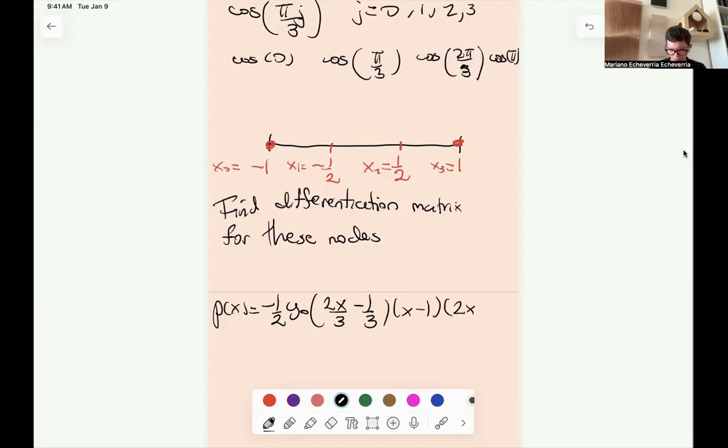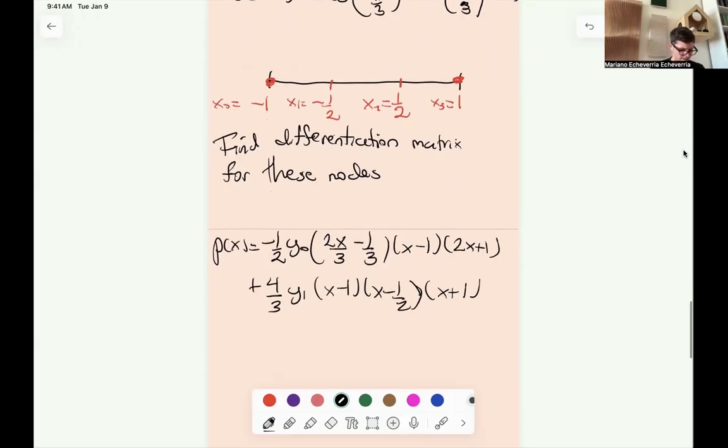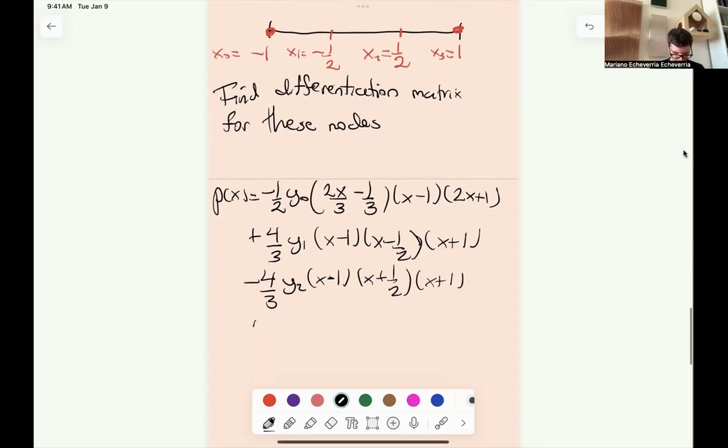I'll give it to you in both Lagrange form and expanded form so that you have both, and then you choose which one you want to work with. I'm just writing it in the Lagrange form because that way someone may want to verify it more quickly. But usually the simplified form is a bit easier to work with.